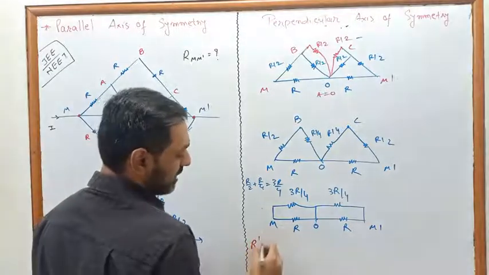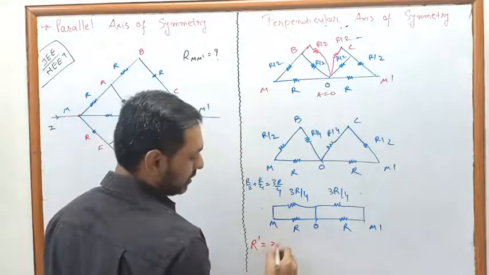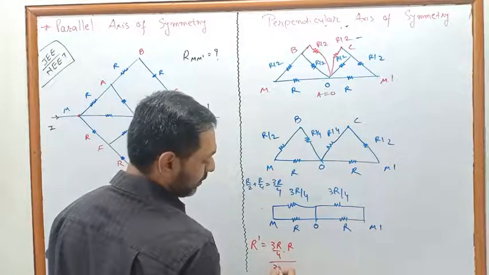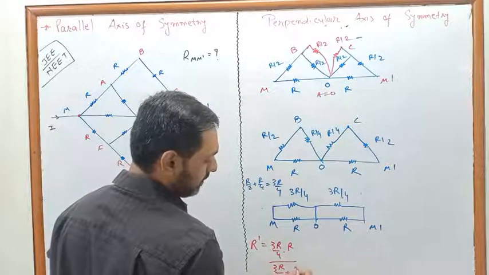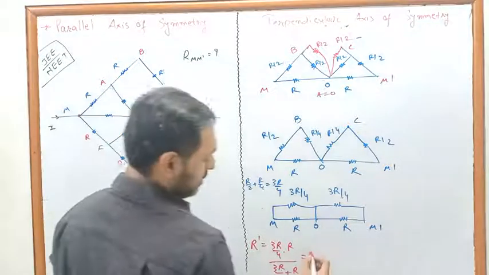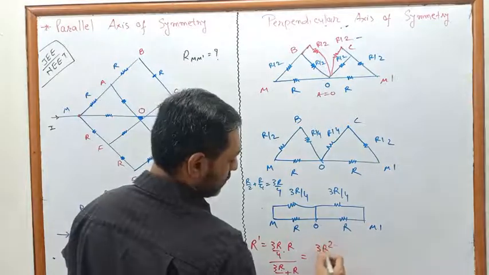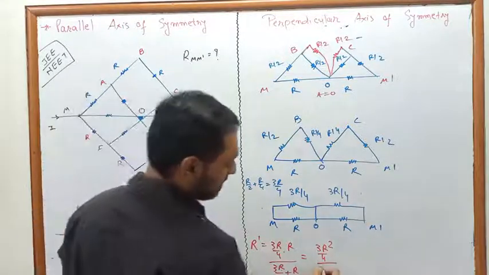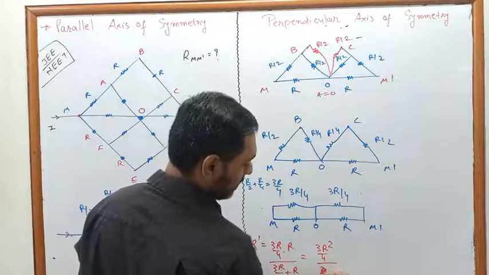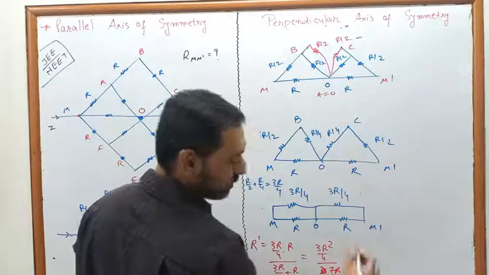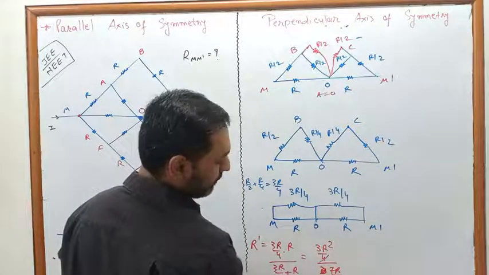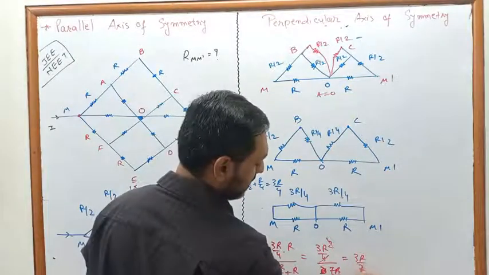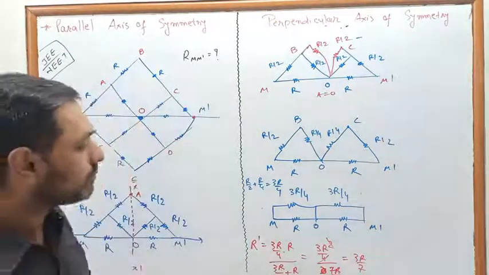So suppose R dash is equal to 3R by 4 into R upon 3R by 4 plus R. So 3R square by 4 upon, take 4 as LCM, 4 plus 3 is 7. So you will get 7R by 4. So 4 and 4 will be cancelled out, R cancels out. Answer is 3R by 7.